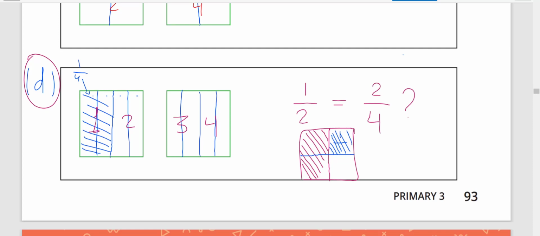This part is a fourth and this part is a fourth. So half is equal to two fourths. This half and these two fourths, this part equals this part.